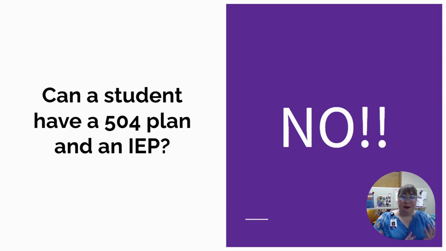To be in special education and to have an IEP, then that student needs to meet one of the 13 disability categories recognized by IDEA and the state of Texas, and they are going to need specially designed instruction. We don't have enough time in this video to go into all of that, but hopefully we will at a later date.